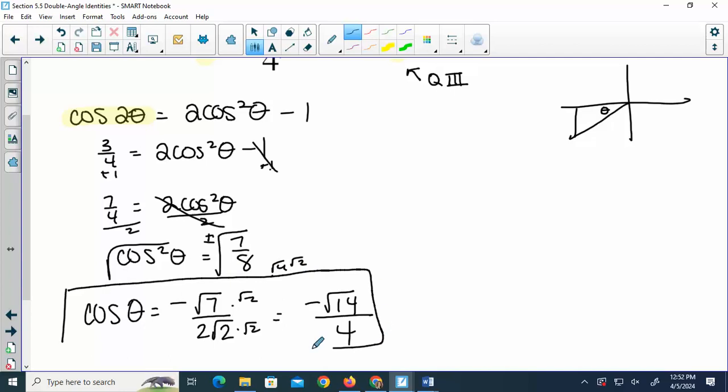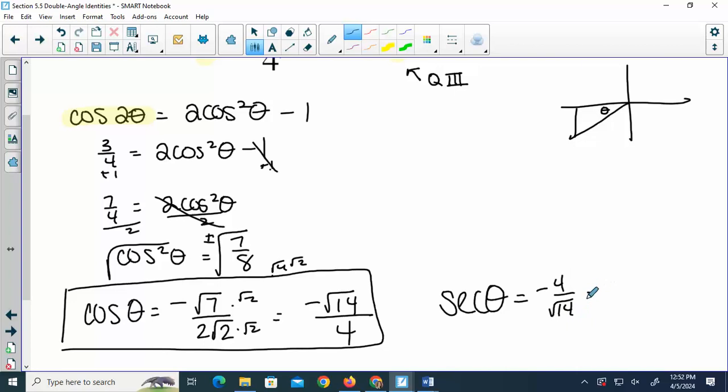Now we can do the triangle. If I know cosine, what other trig function do I know automatically? Secant. It's the reciprocal. So that would be negative 4 radical 14 over 14, negative 2 radical 14 over 7.